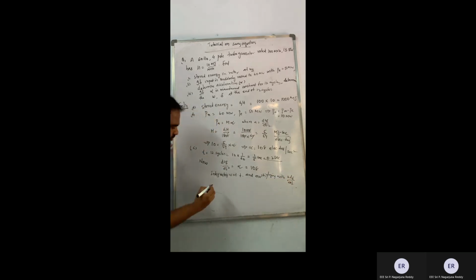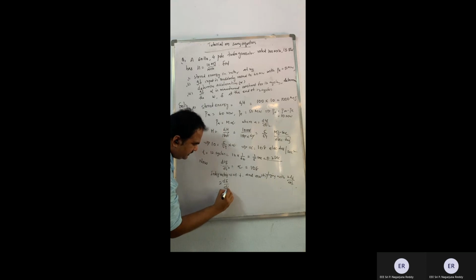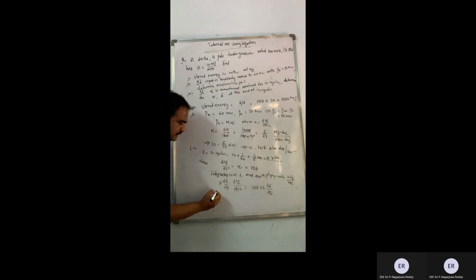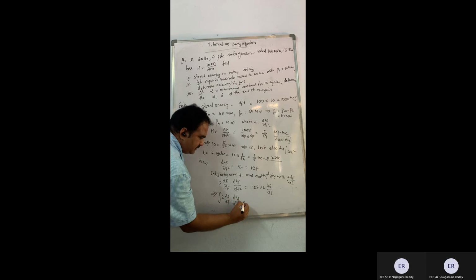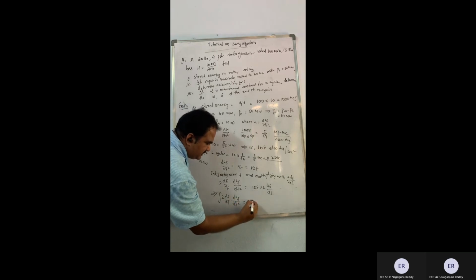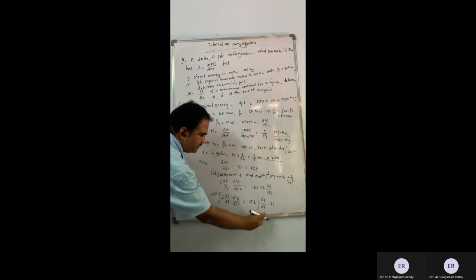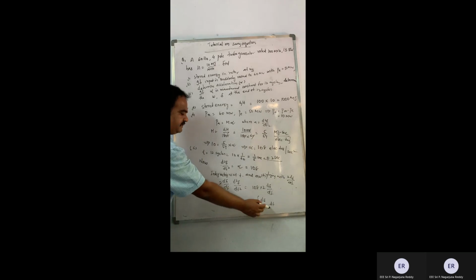So first of all, let me multiply with 2 d delta by dt on both sides. So this is equal to 108 into 2 into d delta by dt, isn't it? Now, I am going to integrate it with respect to time. So what will this become? 2 d delta by dt into d square delta by dt square is equal to 2 into 108 integral of d delta by dt dt. Isn't it? So dt will get cancelled.